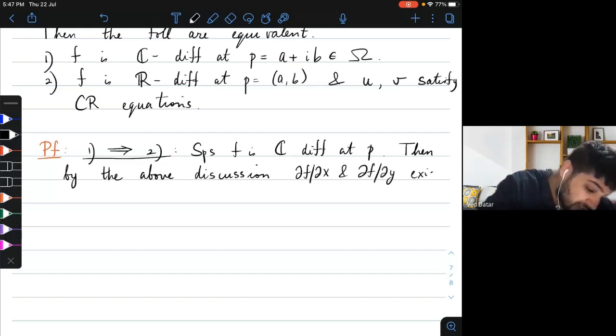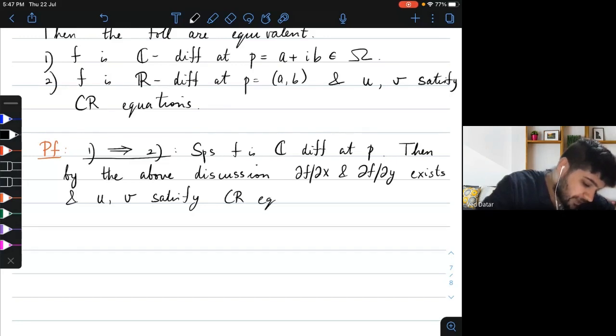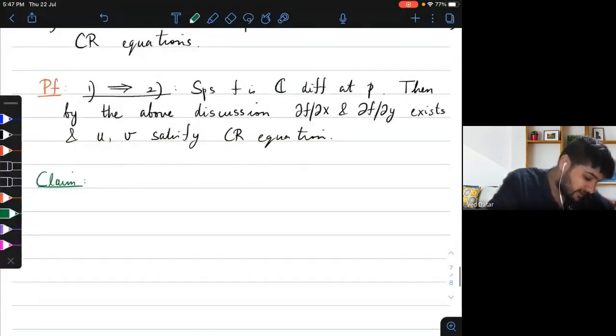So all the first partials exist, and u and v satisfy the Cauchy-Riemann equations, right? That we just saw a few minutes back. So to complete the proof, I need to prove the following claim, that f is also R differentiable.